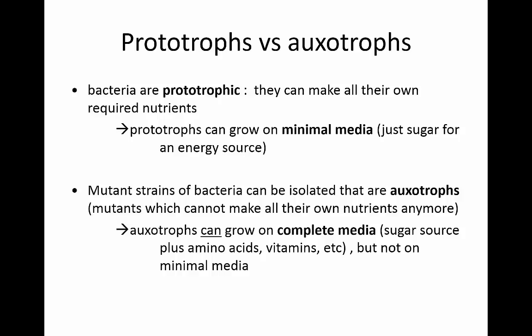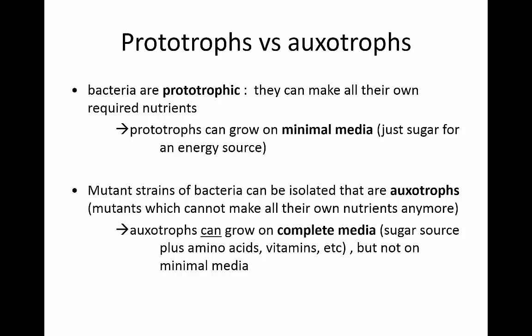A couple of other things I need to introduce. Bacteria are prototrophic, and what that means is that they can make all of their own required nutrients. So what we can do is put bacteria on a very simple plate, what we call minimal media, and this is just a sugar energy source, and they can grow. In contrast, you can also isolate strains of bacteria that are called auxotrophs.